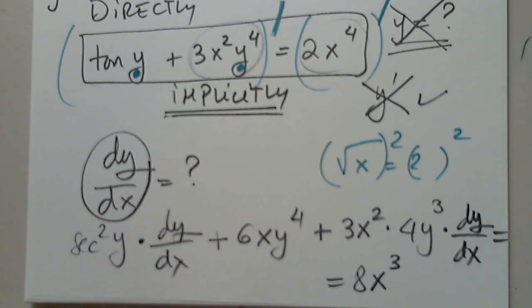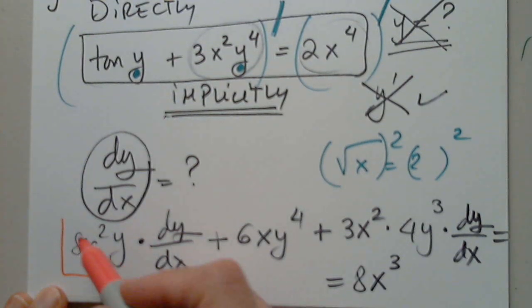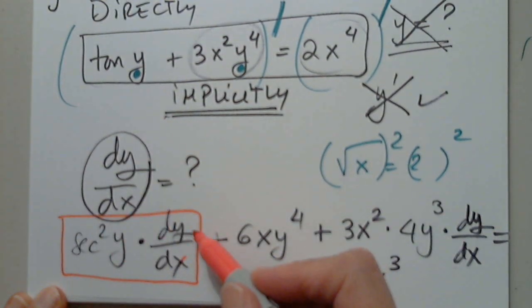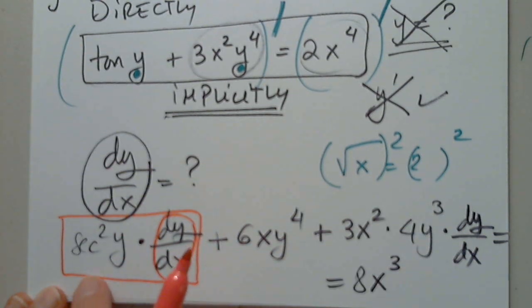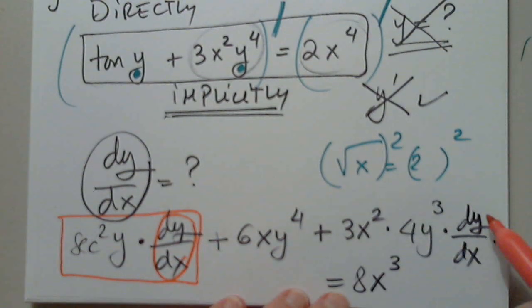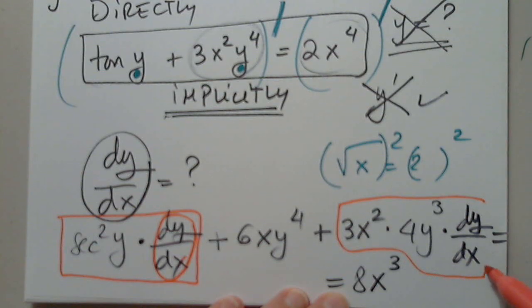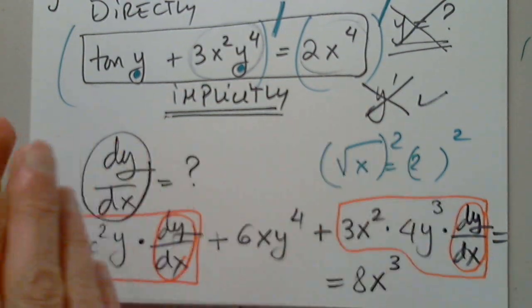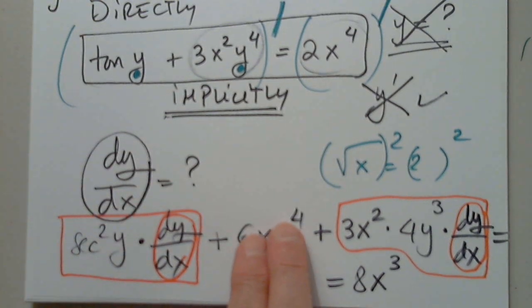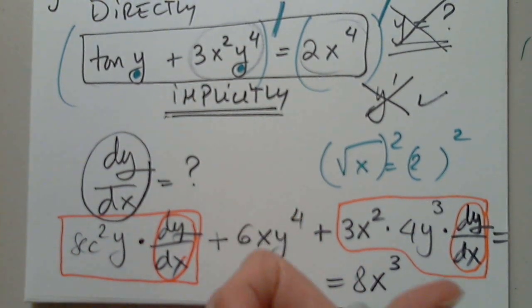So first of all, I have to realize that the variable that I'm interested in is in this term as well as in this term. These two terms have to stay on one side. This one does not belong with them. It has to go to the other side. So let's do that.